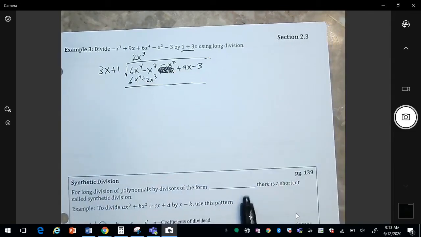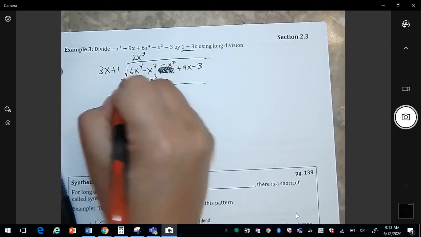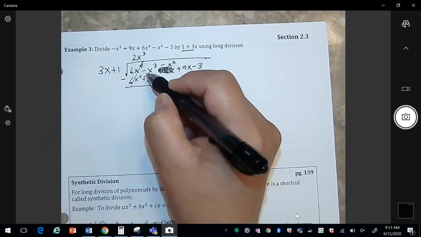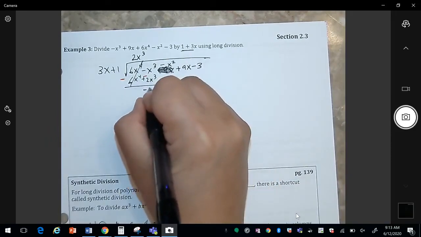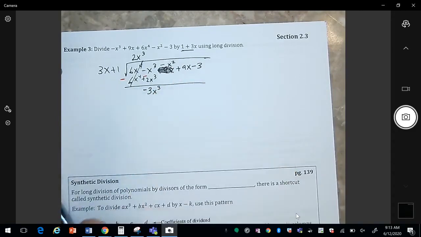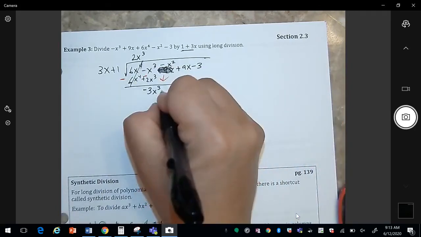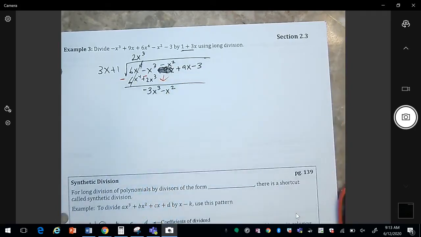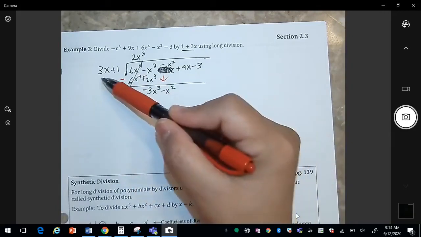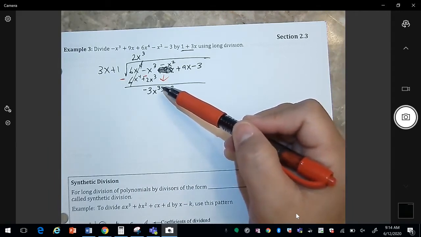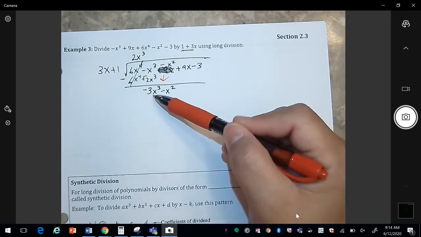Change the signs. So this cancels, and then negative x cubed minus 2x cubed is negative 3x cubed. Bring down the negative x squared. So 3x goes into negative 3x cubed.